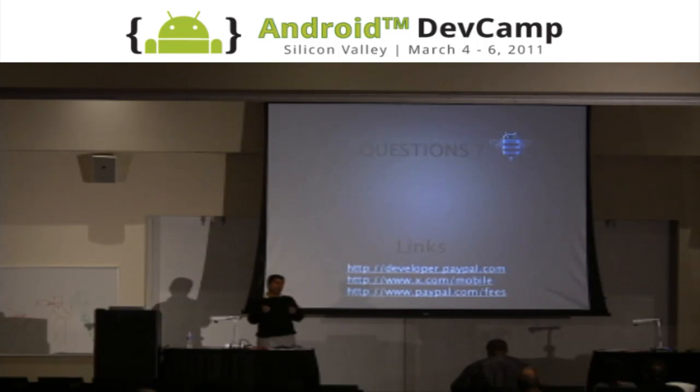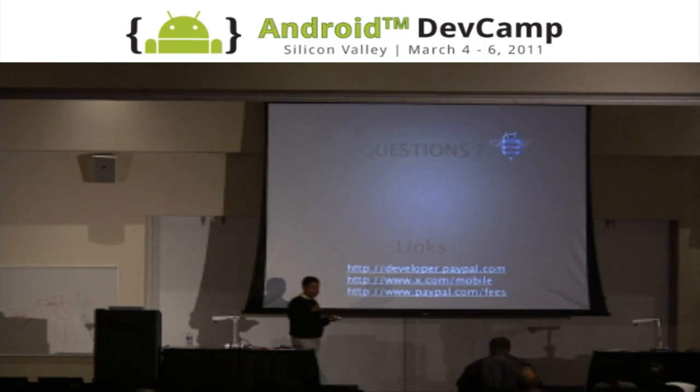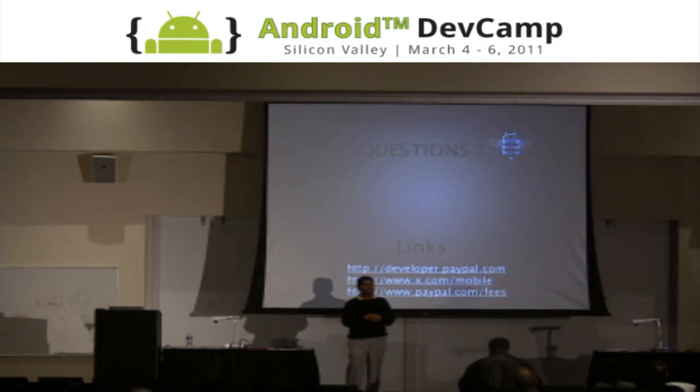So for those who are building web apps which are non-native Android, there is also a mobile version of the checkout that is available on x.com. You just go to x.com and search for mobile checkout. That is like a basic form that is optimized for devices. So it doesn't have all this fancy UI, but very basic UI for the user to log in and complete a checkout flow.